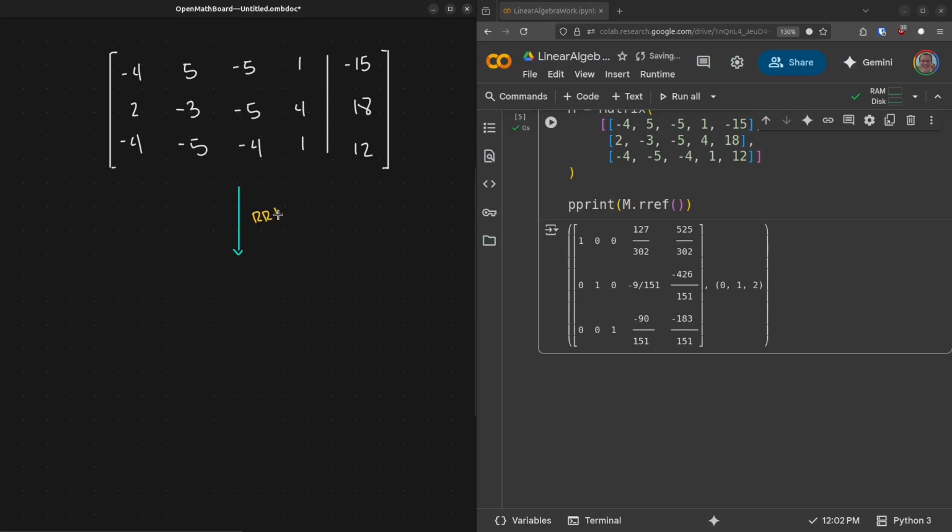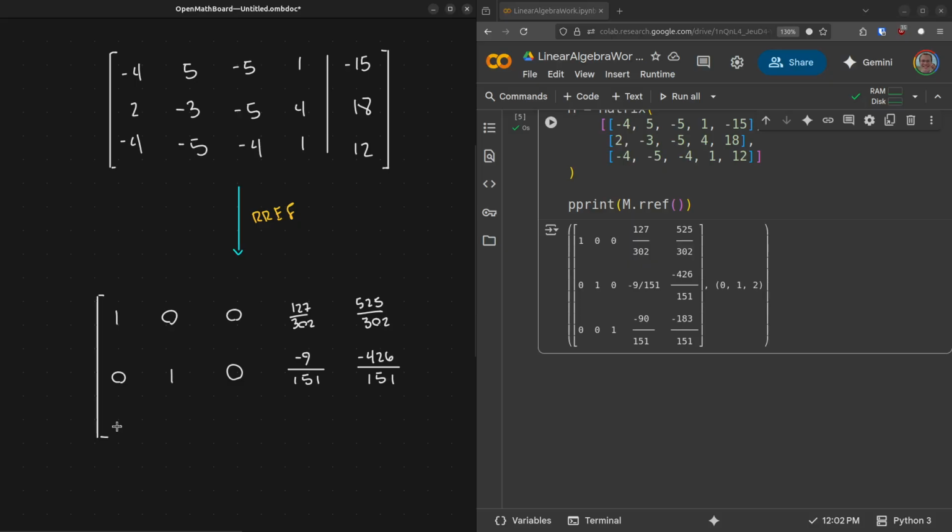We're getting the reduced row echelon form of this matrix. We have first row is 1, 0, 0, 127 over 302, 525 over 302. Second row, 0, 1, 0, negative 9 over 151, negative 426 over 151.